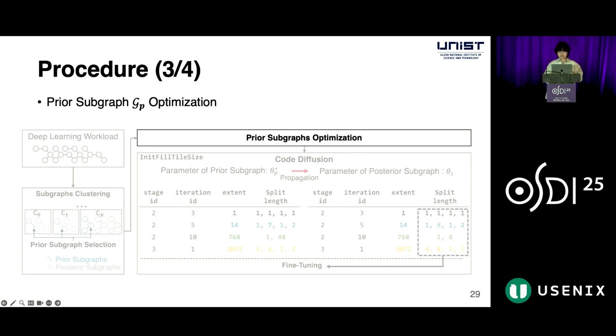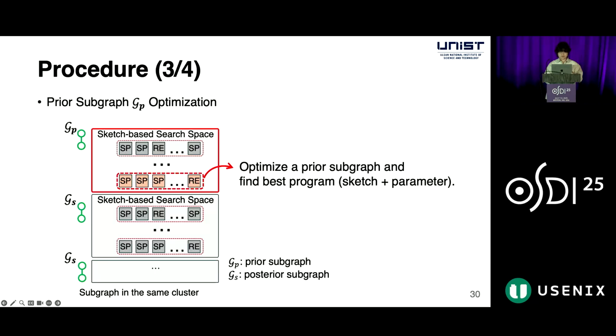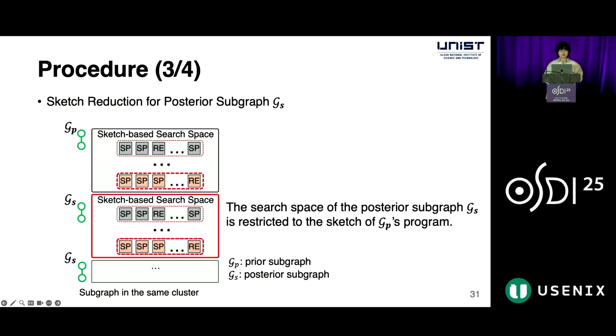The next step is prior subgraph optimization. After selecting the prior subgraph, we optimize it by exploring its sketches and parameters to find the best performing program configuration. Next, when optimizing the posterior subgraph, we don't search all possible sketches.